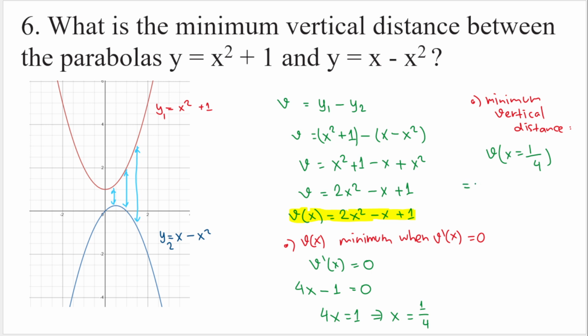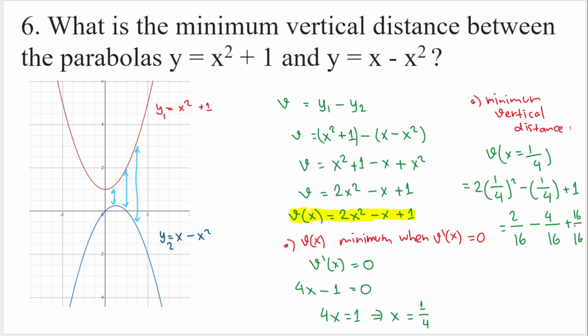Okay, and we can substitute this x is equal to 1/4 into this formula here. So that will be 2 multiplied by 1/4 squared, and then minus 1/4, and then plus 1. Okay, 1/4 squared, that will be 1/16, so I will have 2/16, and then minus, I can multiply both numerator and denominator by 4, so I will have 4/16, and then plus 1. 1 is 16 divided by 16, right?